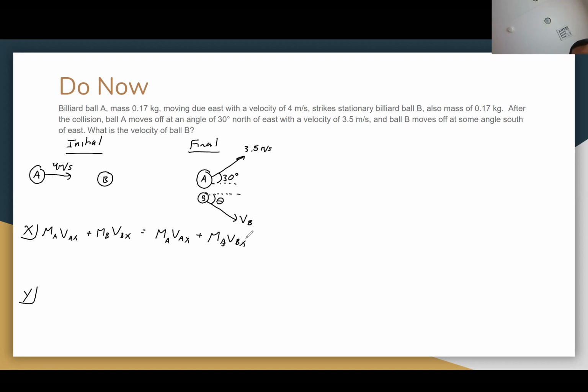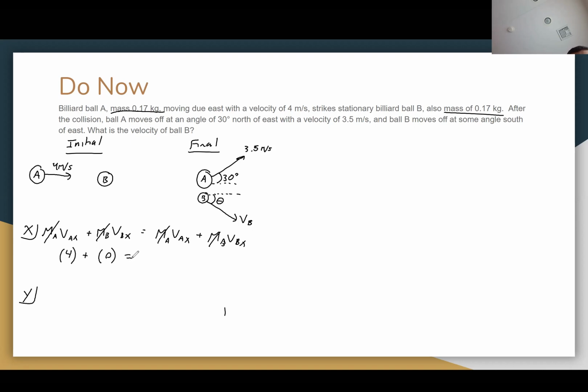Well, before we do that, they both have the same mass, so the first thing I'm going to do is cancel out their masses just to make our lives easier with the number of calculations we have to do. So we know that the initial velocity of ball A in the x direction is 4, and ball B is stationary, so it doesn't have any initial velocity.